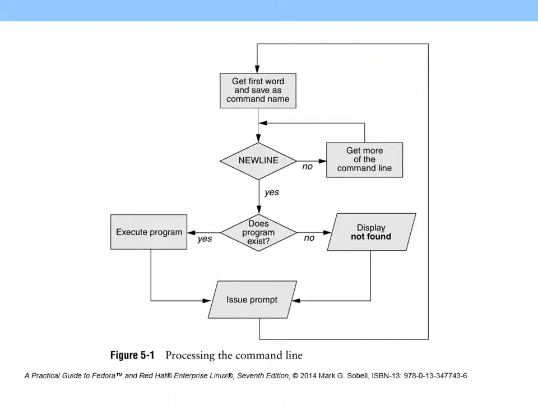We're going to start out talking about the command line. How does it work? Pretty simple. You start out, get the first word and save it on the command line, right? Come to a new line. Do we need to get more information for that command line? Yes or no? We don't? Let's continue on. Does that program exist? If it does, execute it.